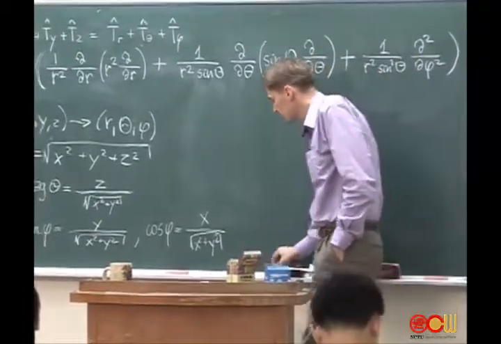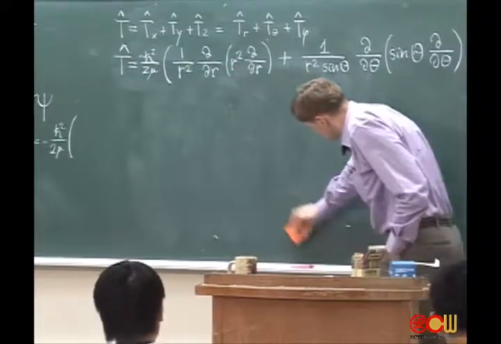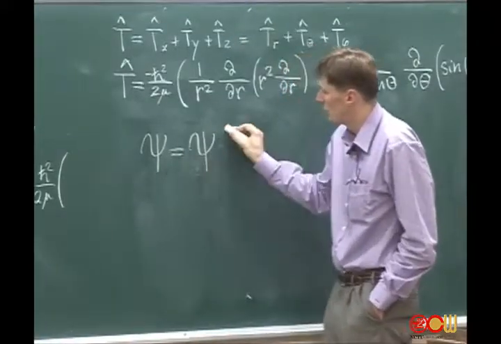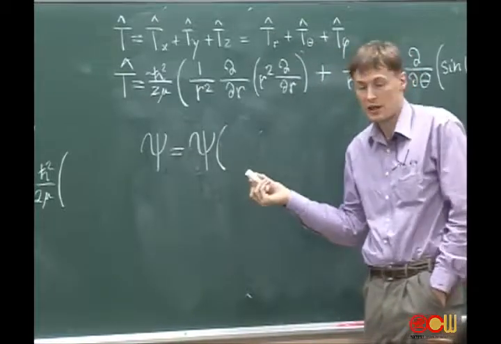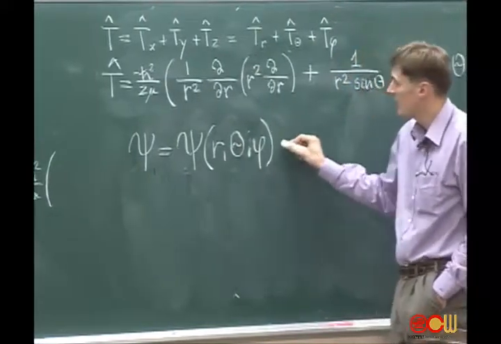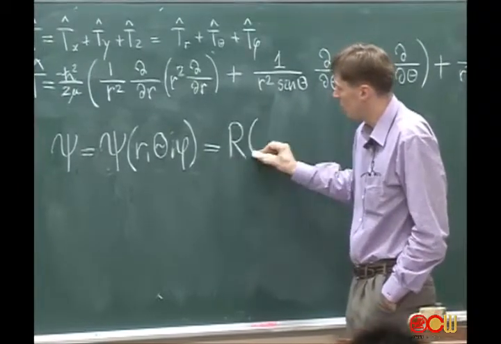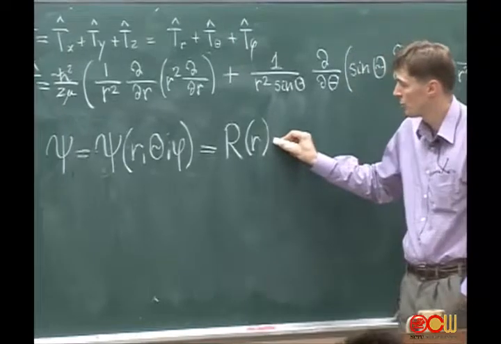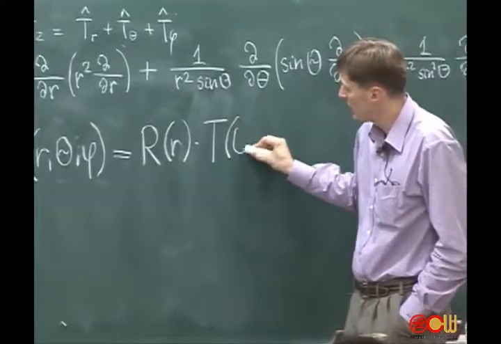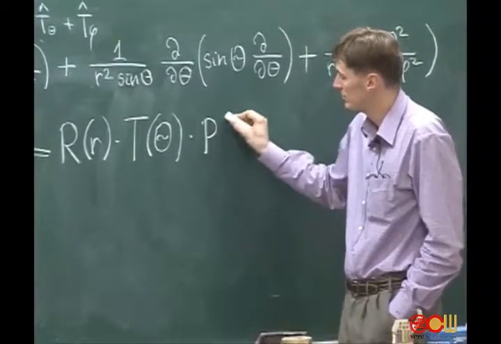And the reason is that our new wave function, which is the wave function of not x, y, z anymore because we changed coordinates, but it's a function of r, theta, and phi, can be written in the following form as a function of only r, multiplied by the function of only theta, times the function of only phi.